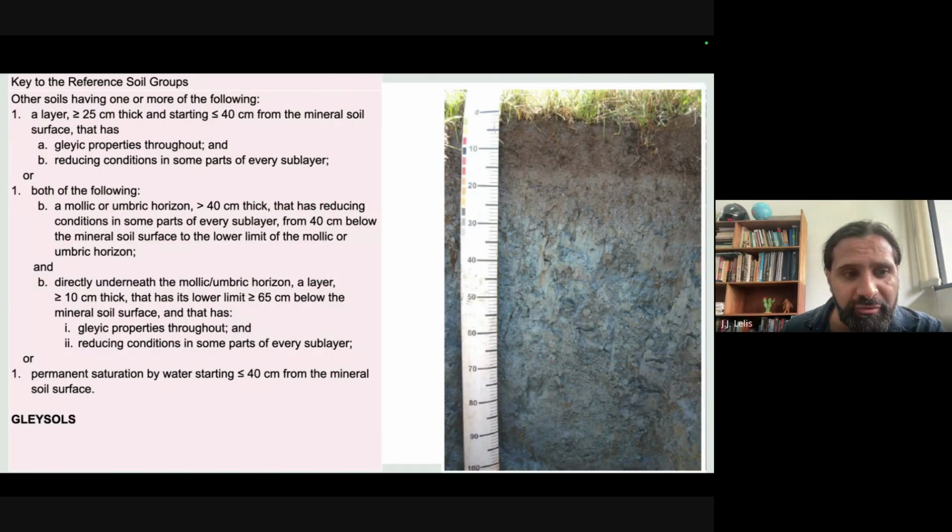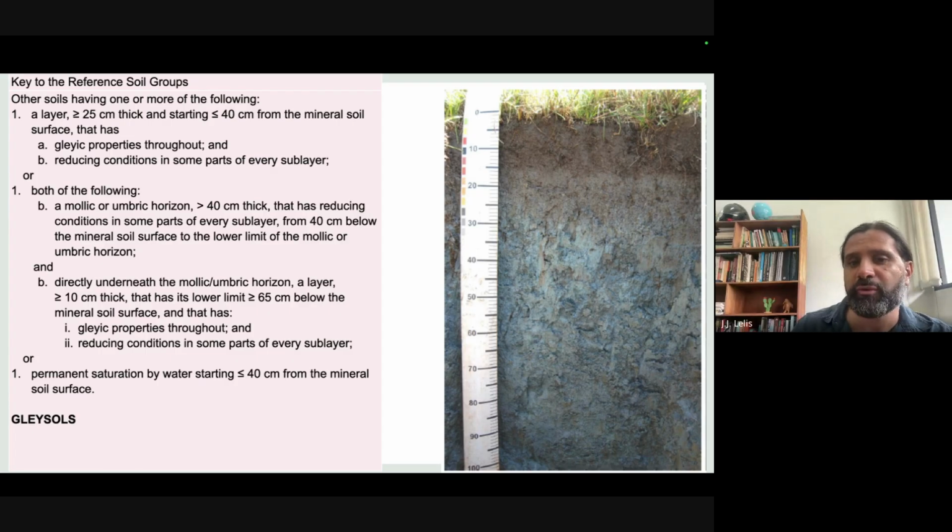We also have now soils that have some specific iron and aluminum dynamics. Let's start with the Gleysols. The Gleysols are soils that do not fit the criteria for the previous RSGs.